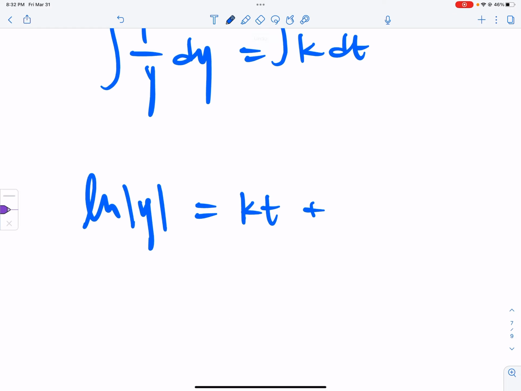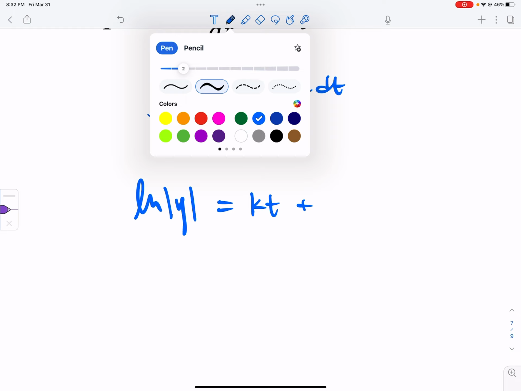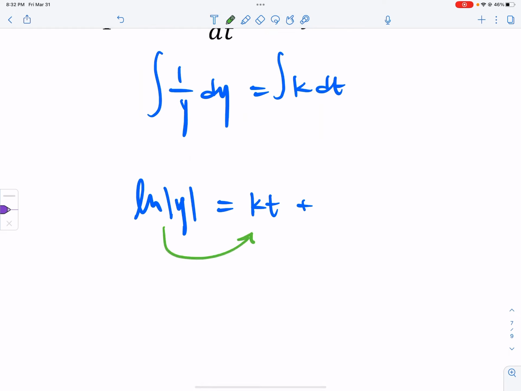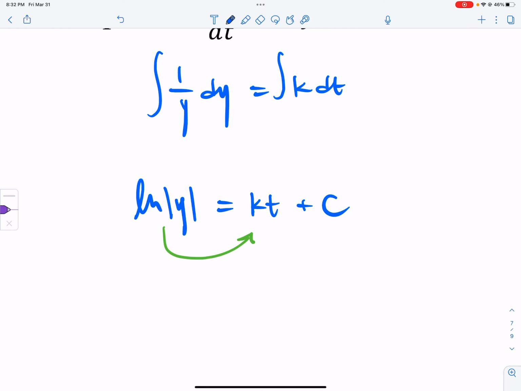Okay, we've done problems like this, so rewriting in exponential form, we're thinking e to the, where did c go? E to the kt plus c power is equal to absolute value of y.